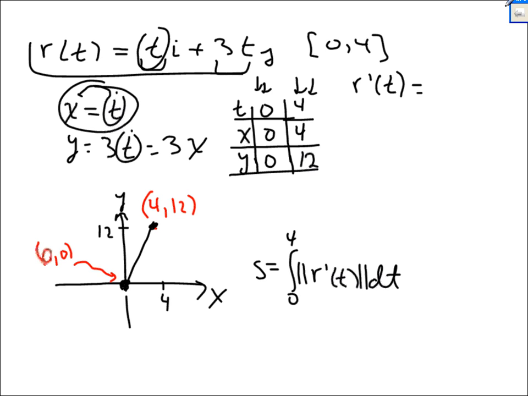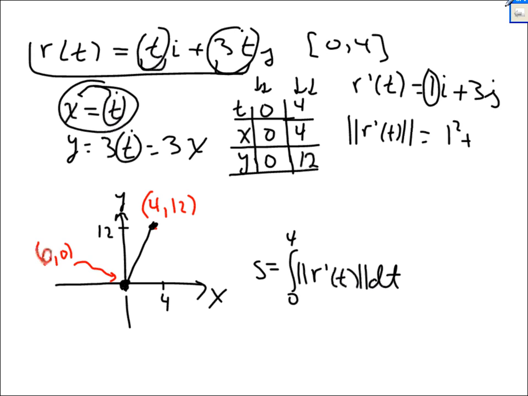The derivative of t is 1 i, plus the derivative of 3t is 3 j. So the length of r prime of t is the square root of 1 squared plus 3 squared. Of course 1 squared is 1 and 3 squared is 9. 1 plus 9 is 10, so we get the square root of 10.